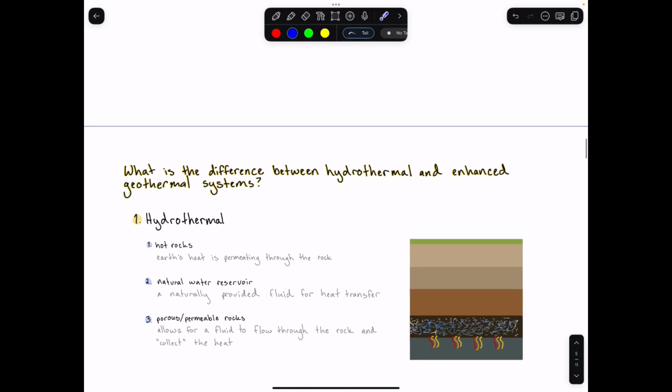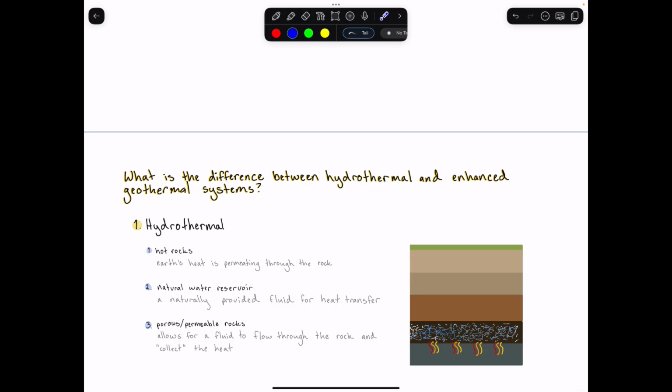So there are these terms that you might have heard associated with geothermal, called hydrothermal and enhanced geothermal systems.